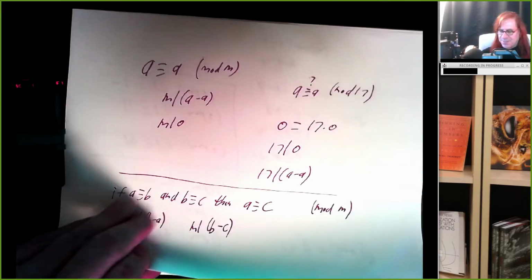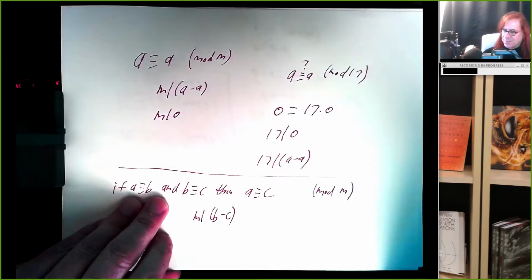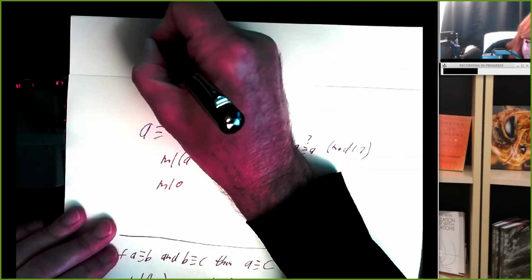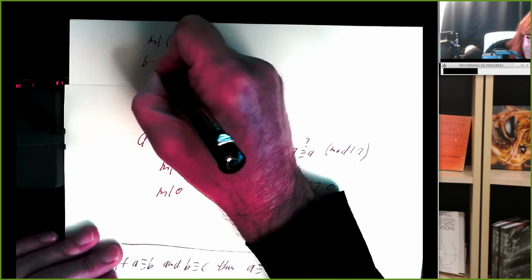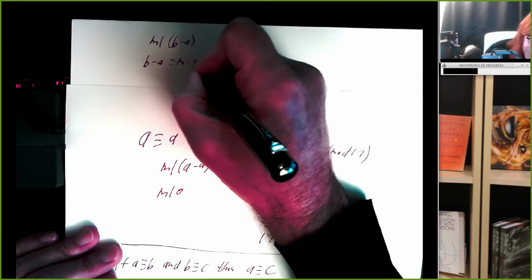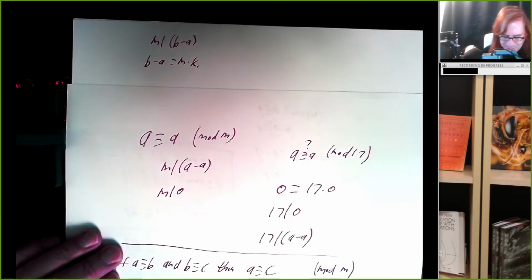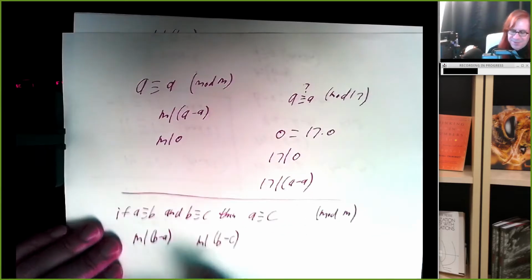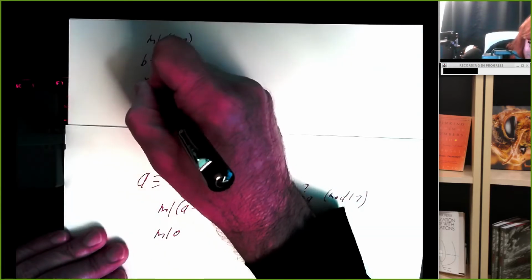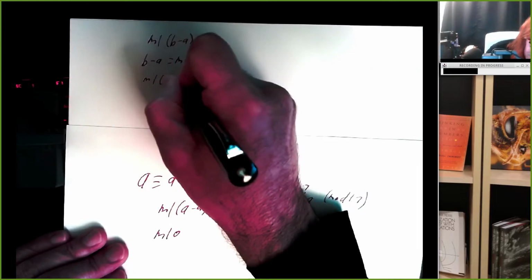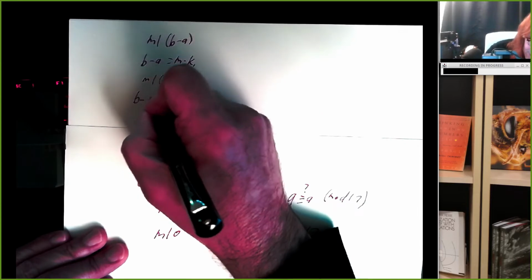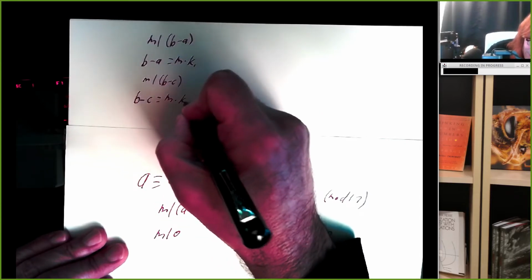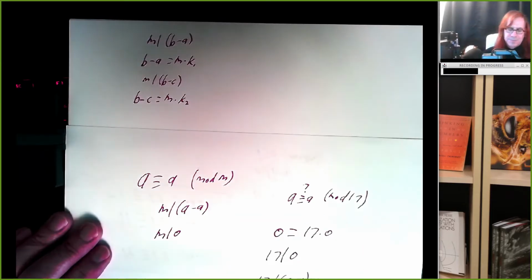And this is just some algebraic gymnastics. So if we know m divides b minus a, that means b minus a equals m times some integer, which I'll call k1. And if m divides b minus c, then b minus c is equal to m times some other integer k2.